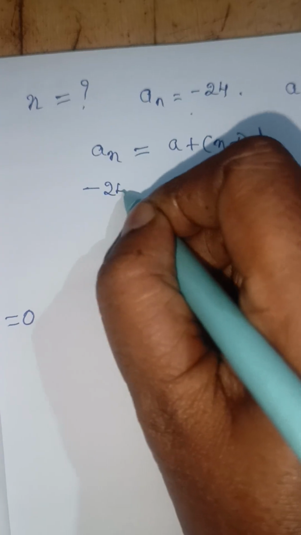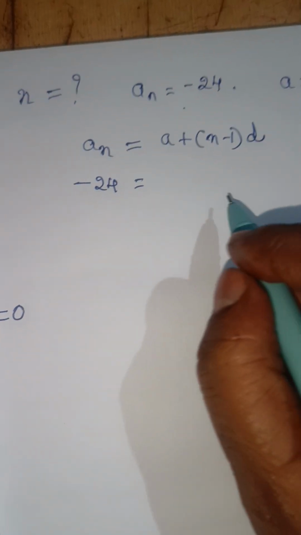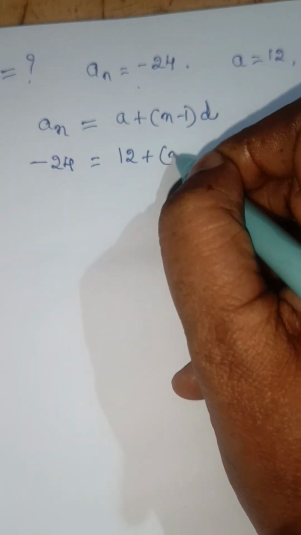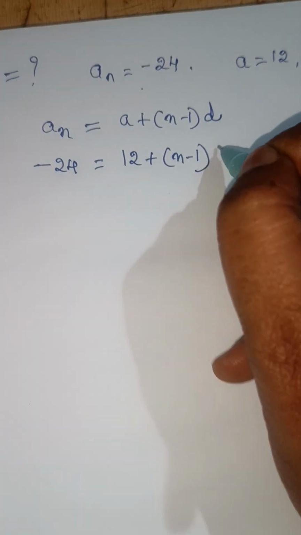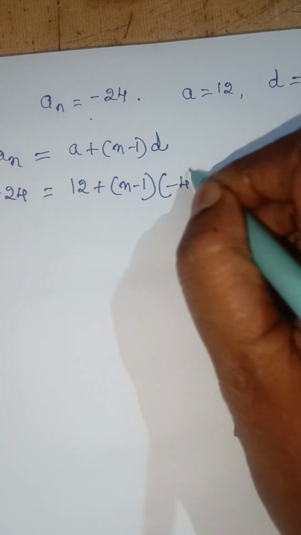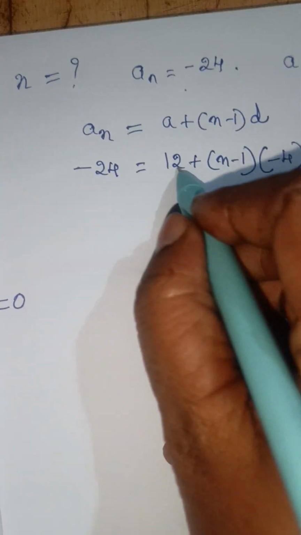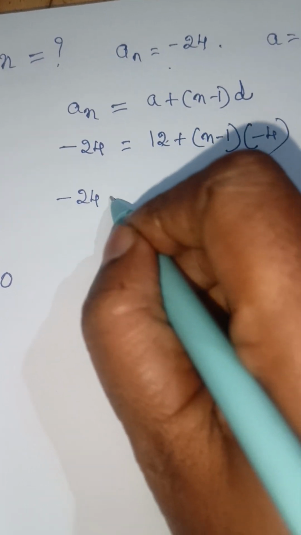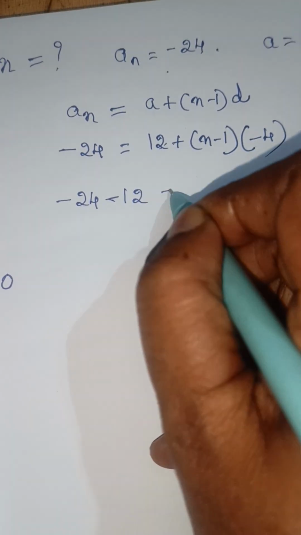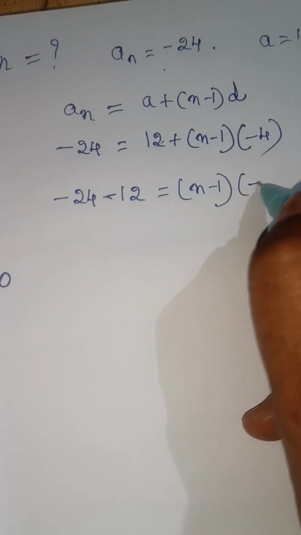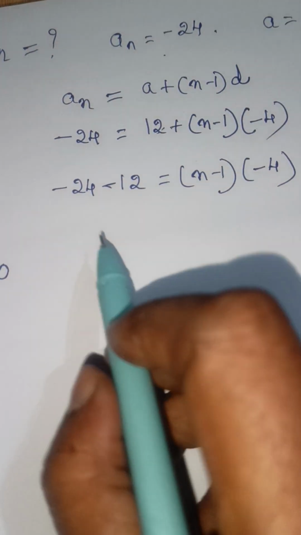Minus 24 is equal to, what is a? We have already found out, 12 plus n minus 1 into d is minus 4. Okay. So bring this 12 this side, minus 24 plus 12, when it comes this side it will be minus 12 equal to n minus 1 into minus 4.